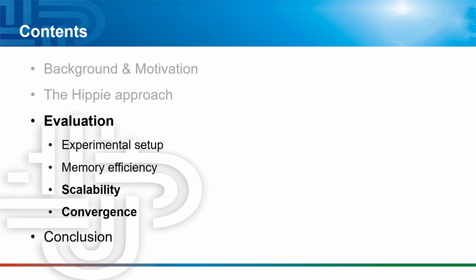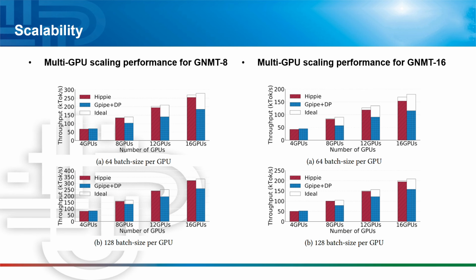Hippie also maintains high scalability. In this section, we carry out the comparison of scalability with a fixed batch size per GPU. The scalability of Hippie has significantly improved thanks to hidden communication. The GPT, which has the highest proportion of communication overhead, is selected for the experiment. We use the throughput of 4 GPUs as the benchmark.